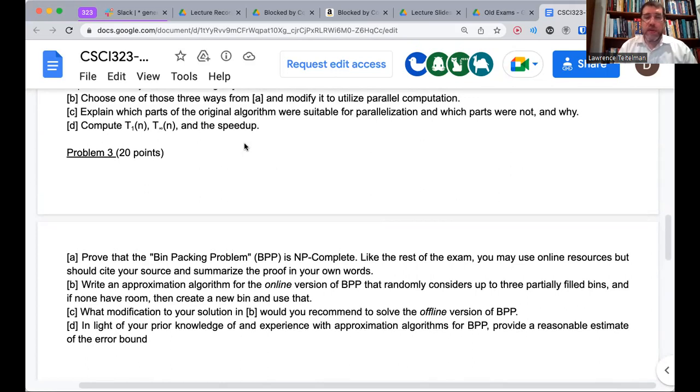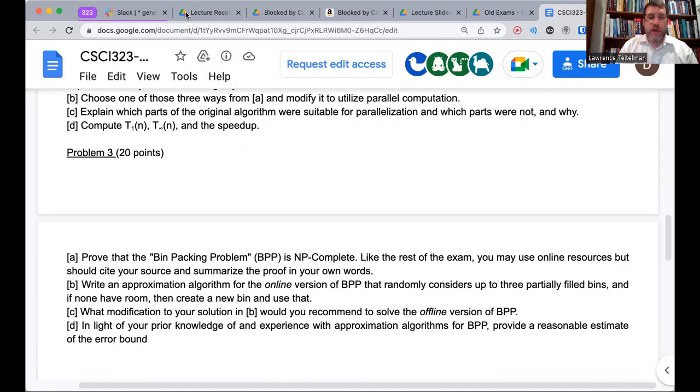So NP completeness. In this case, they were looking something up during the exam and trying to understand how NP completeness works. So you're not going to be asked anything like that. Write an approximation algorithm for the online version of BPP.